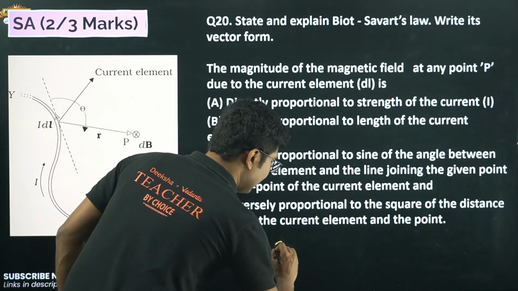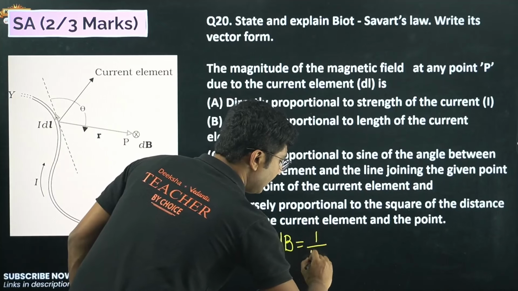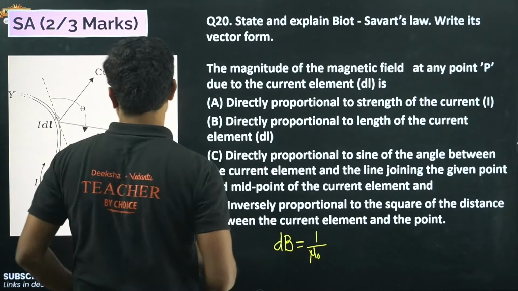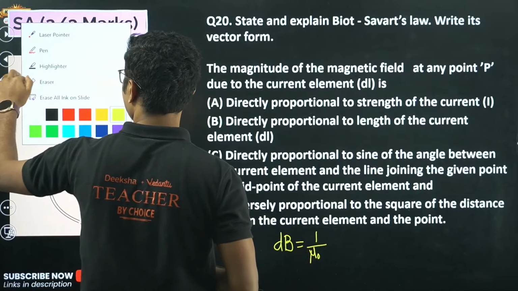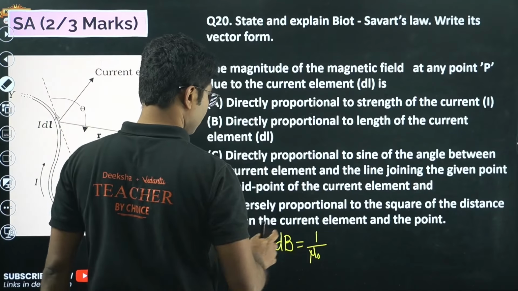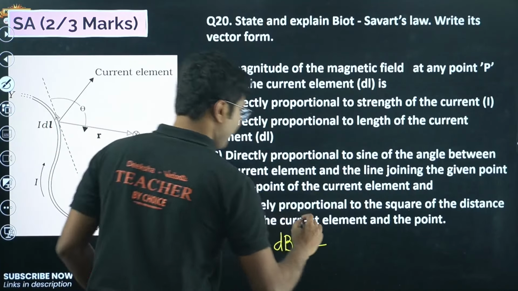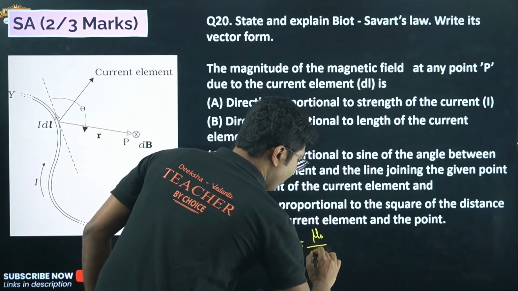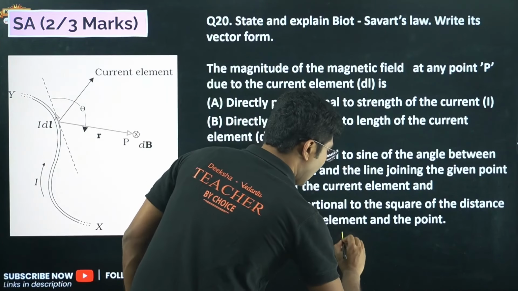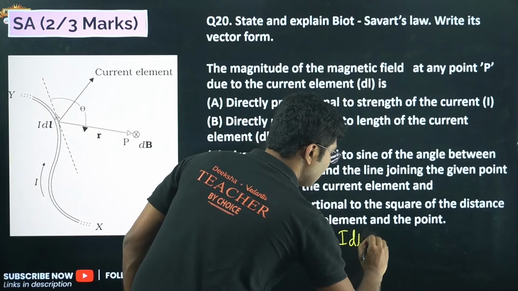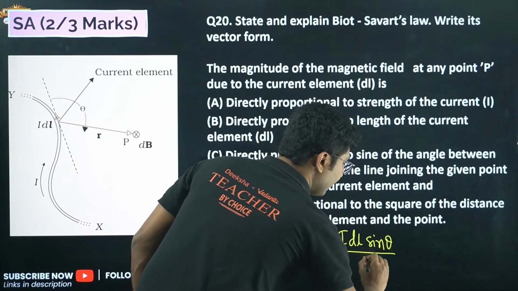So the magnetic field dB is given by mu naught by 4 pi, this is the constant, times I dl sine theta divided by r square.